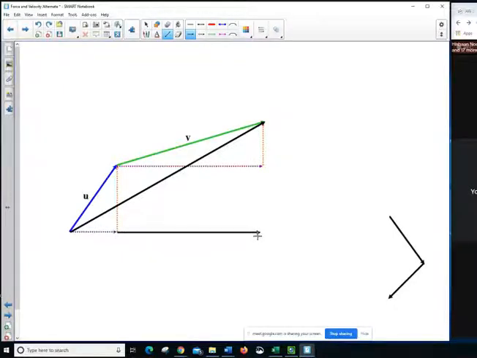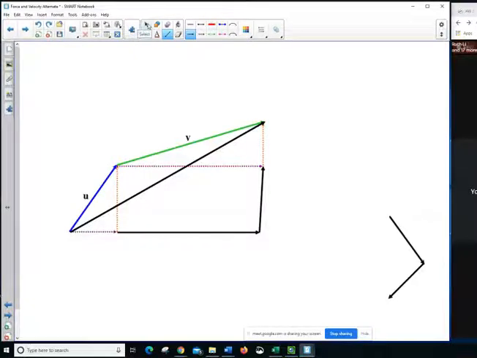And look what that gives you. It gives you the horizontal component of the resultant vector. And then you do the same thing with the vertical components. I take the vertical component of the first and I add it to the vertical component of the second. And that gives me the vertical component of my resultant vector. And this is how they solve all of these problems, by breaking everything up into these perpendicular components. So this is just an alternative way to solve these problems.